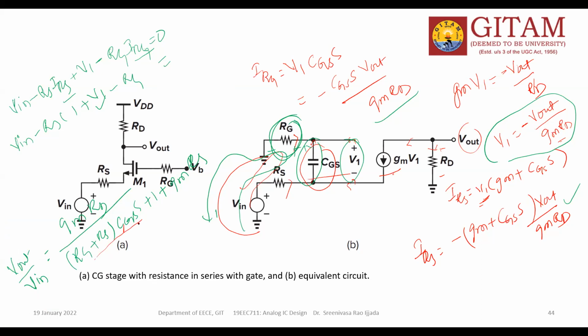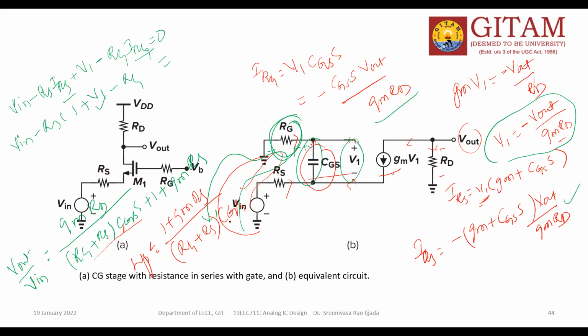So from this, what is the pole? If you want to take s common, then it becomes 1 plus gm RS by this thing. So the pole is 1 plus gm into RS by (RG plus RS) multiplied with CGS.